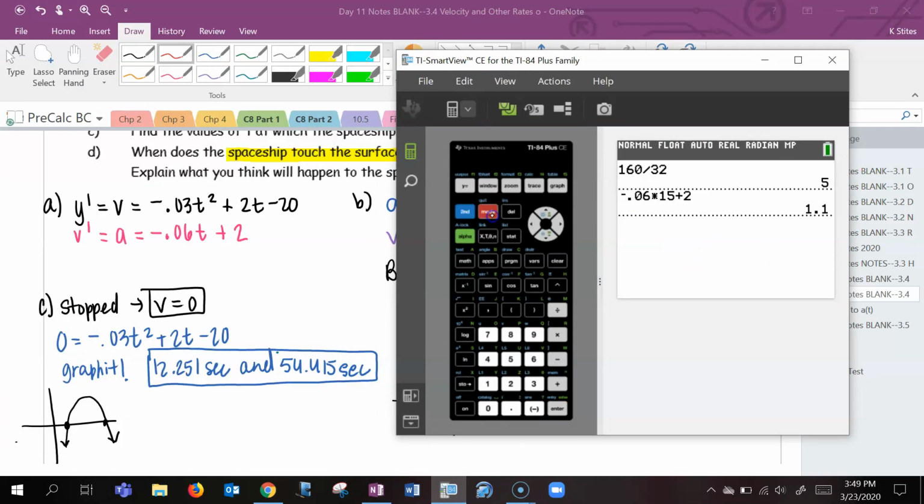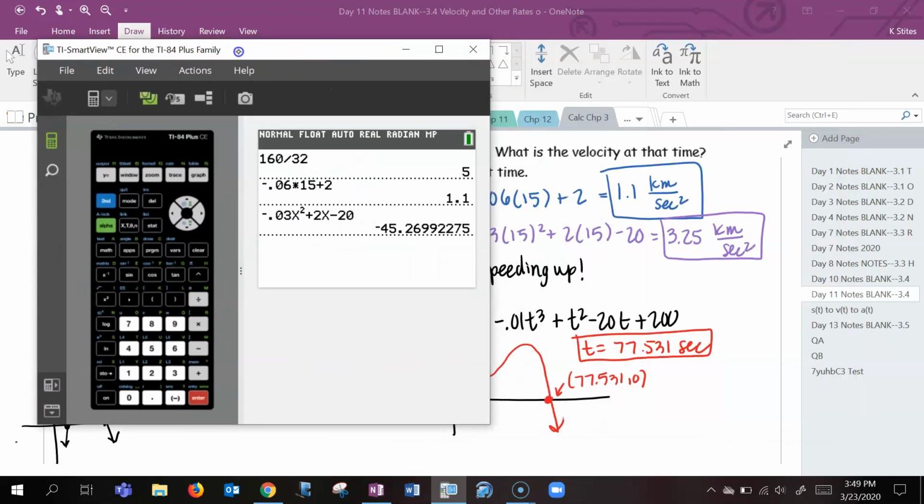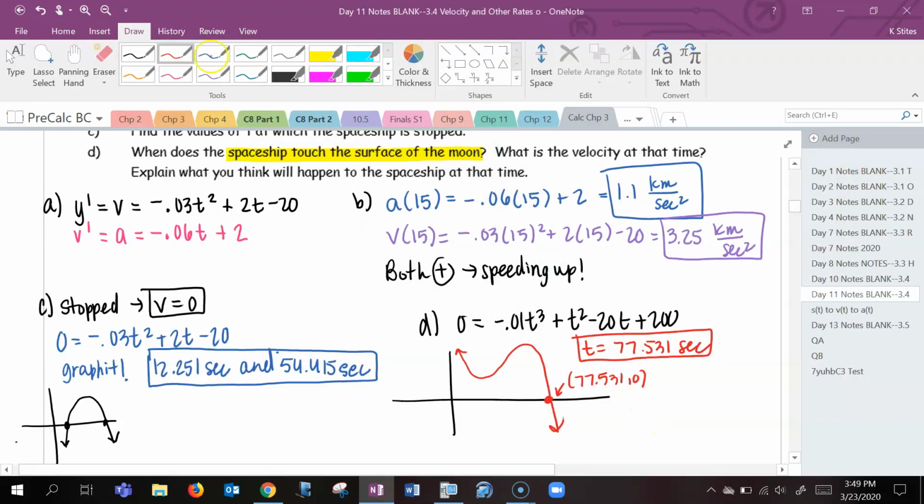We're going to go ahead and plug that into velocity. And I'm going to actually use the x value to get a very exact answer. So negative 0.03x squared plus 2x minus 20. And we get a negative 45.270. Let me write this down and then we'll talk about what that means.